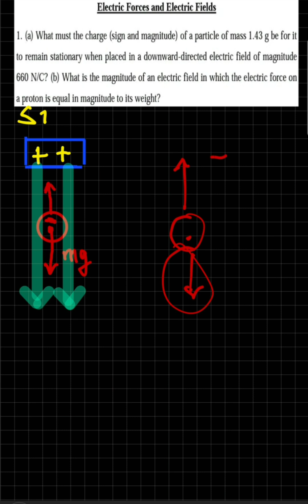Remember that opposite charges attract while like charges repel. So since this particle will be negatively charged and the upper part is positively charged, there will be an attraction between those two surfaces. Therefore, we now have a downward force of weight and an upward electric force.